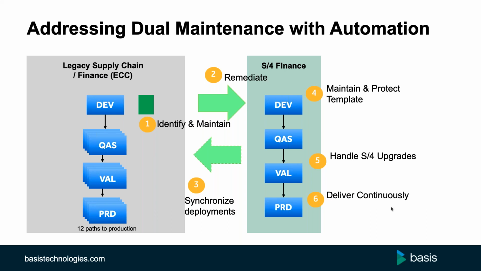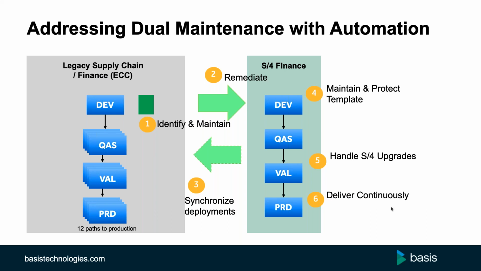The second thing we'll look at, obviously the move to S4 with a very large custom code footprint can mean there is a significant challenge around the amount of custom code remediation that has to happen. And if that all happens as part of the initial engineering work, there's an ongoing need to consider what changes are happening on the ECC side and how do they best get merged with the changes that have had to happen to make these custom solutions compatible and operate successfully on an S4HANA platform.